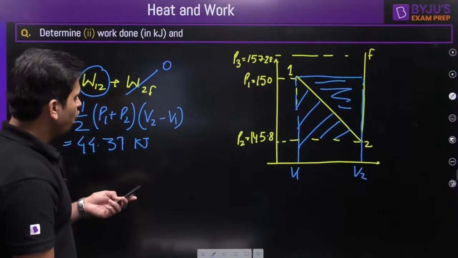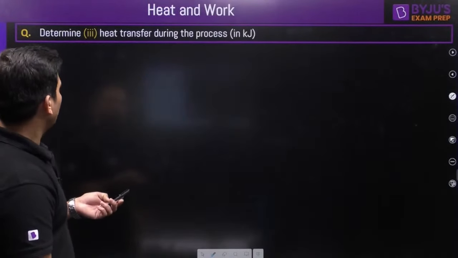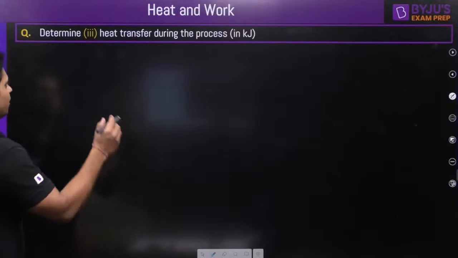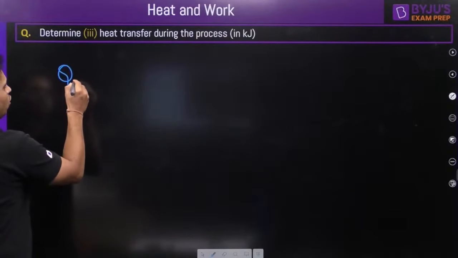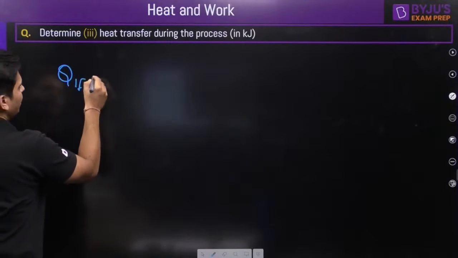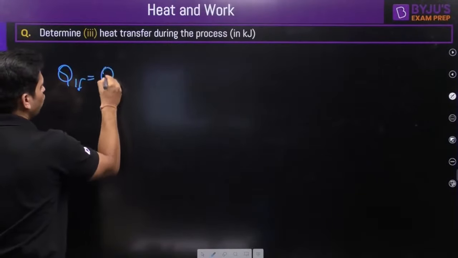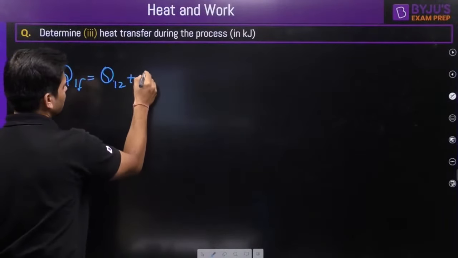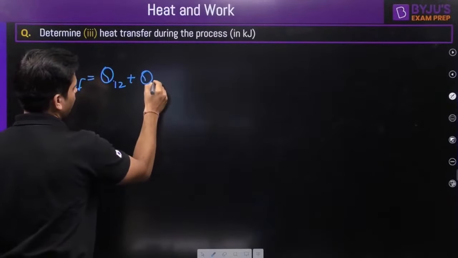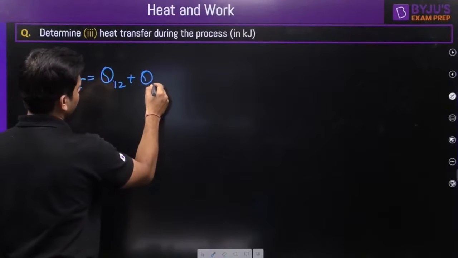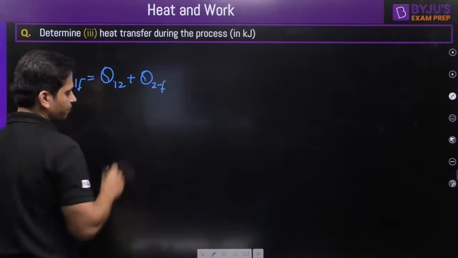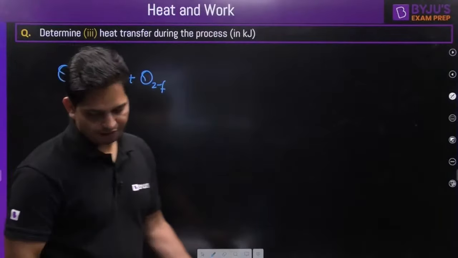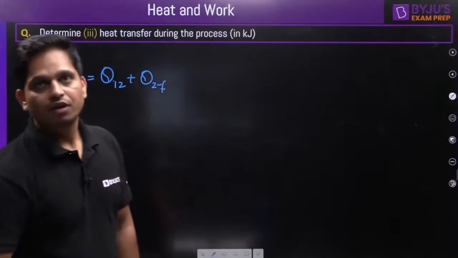And now we'll move to the final part of it, heat transfer during this process. So Q from 1 to final is equal to Q from 1 to 2 plus Q from 2 to final.